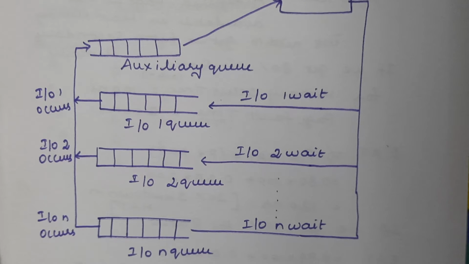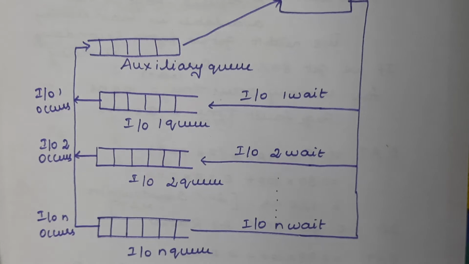At that time also, the CPU has to preempt that particular process. It is actually voluntary: the execution is stopped voluntarily by the process itself, and that process will be transferred and placed in one of the IO queues.